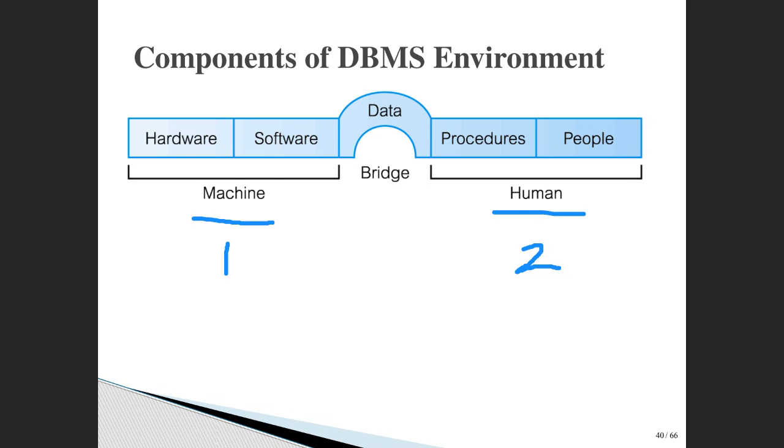Many types of people are using the system, and also designers, for example. There are so many roles of people who are using the database, like the system designers, the application program designers, or programmers, maybe. These are all counted as people, as a main component, under human.